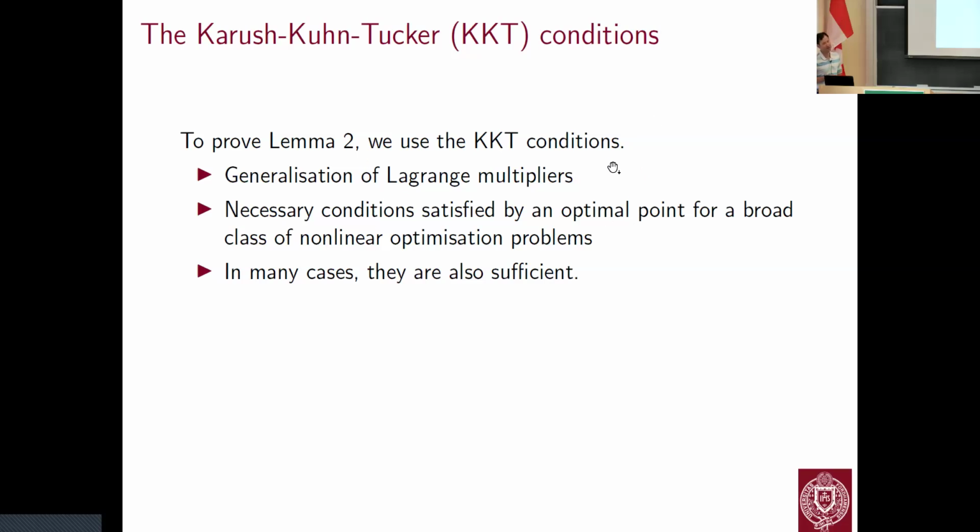These are a generalization of Lagrange multipliers to the situation where you have an optimization problem with some constraints given by equations and also some constraints given by inequalities. There are necessary conditions that are satisfied by a lot of optimization problems, and for many optimization problems, including the one that we're considering, where you're looking for the closest point between a vector and a polyhedral cone, the KKT conditions are also sufficient conditions.